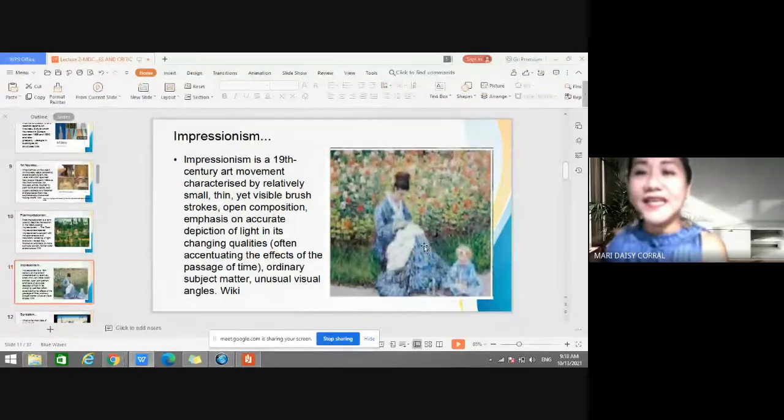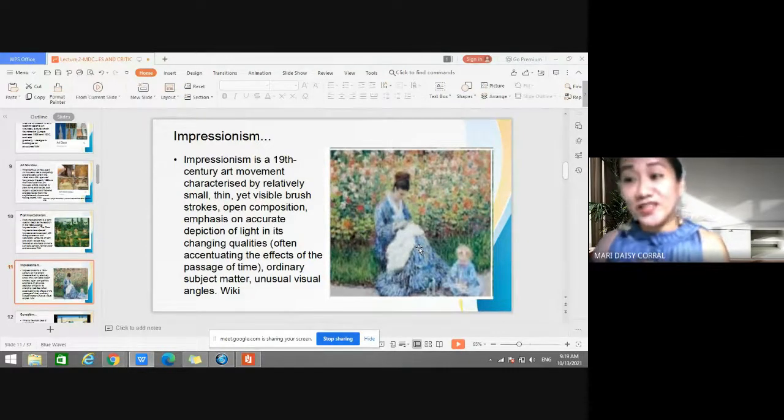So it says here that this 19th century art movement, Impressionism, is characterized by small, thin, yet visible brush strokes, open composition, and emphasis on an accurate depiction of light in its changing qualities. Okay, so ordinary subject matter, unusual visual angles. Ordinary subject matter, what does it mean?